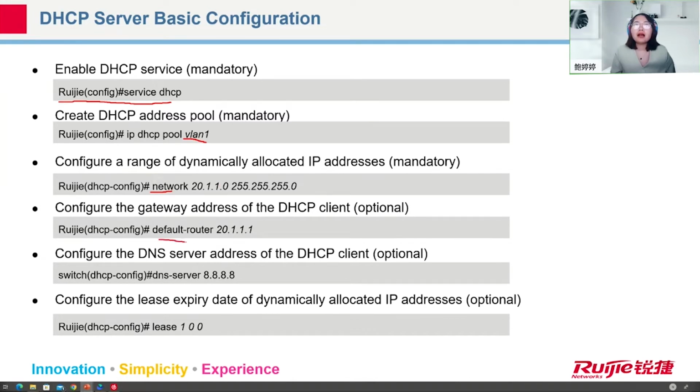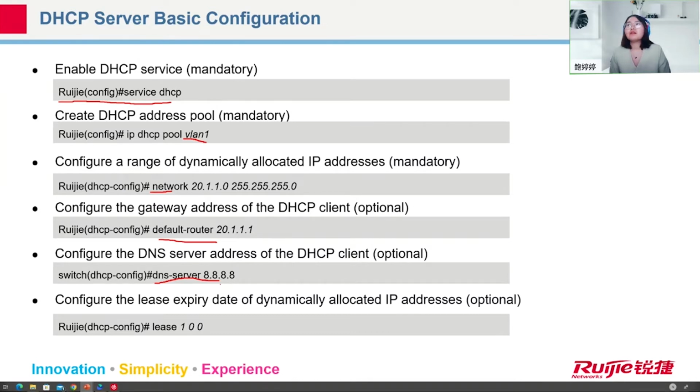And the default router configuration is a gateway address, because if the client wants to reach a different segment, one is the IP address and the mask, and the second one is the gateway. Okay. And the next step, you also have to tell them the DNS server address, because the DNS server address is used to translate the URL name, the domain name, to become an IP address.